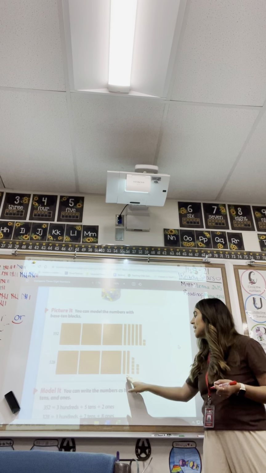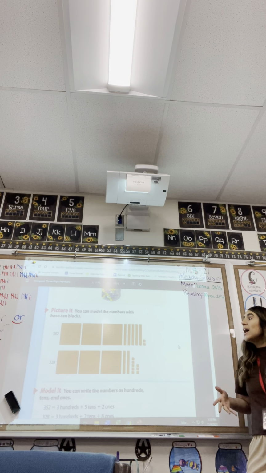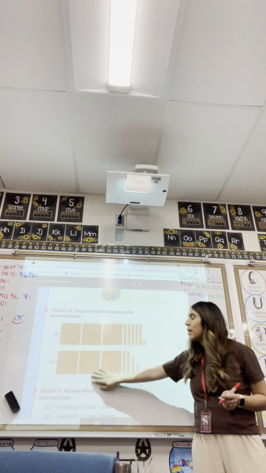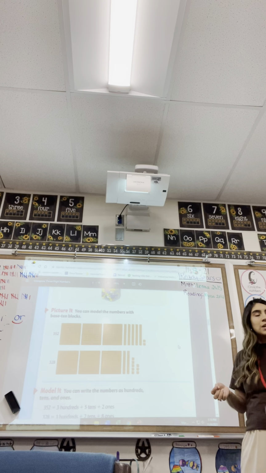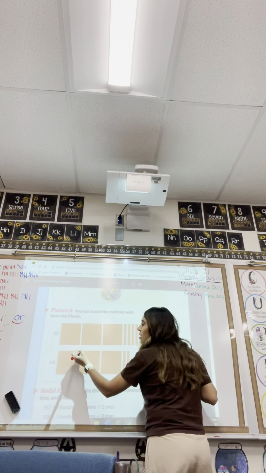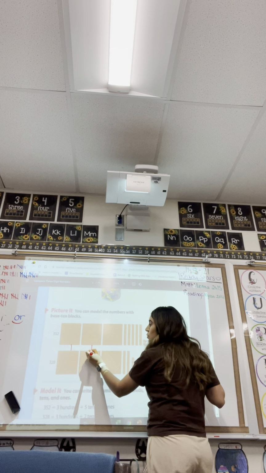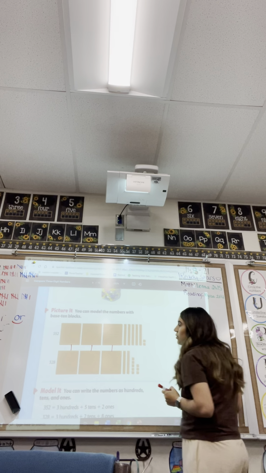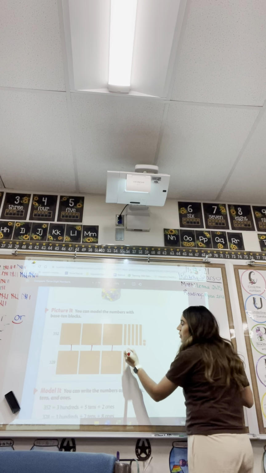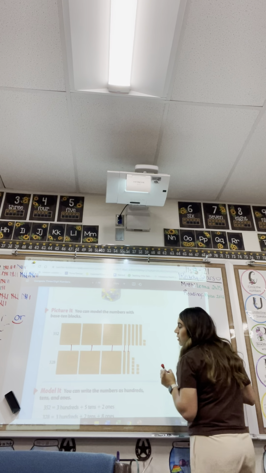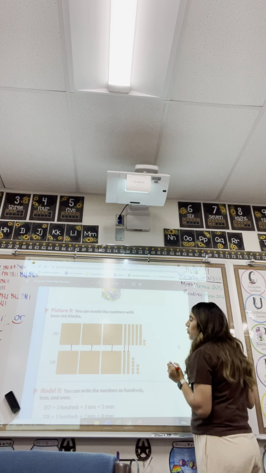We have 2 tens and 8 ones. And when we look at this picture right away, we can compare a few things, right? They both have a hundreds block. They both have a 200 block and a 300 block. They both have 2 groups of 10. Oh, who has more 10s though?